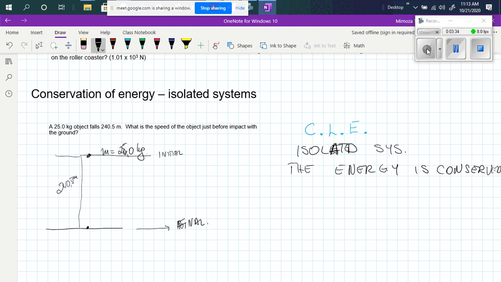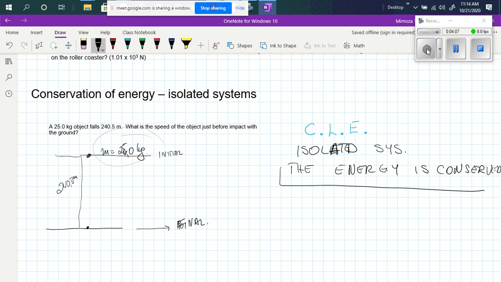Being at the top of the cliff, what is the energy that this object possesses in terms of mechanical energy? Gravitational potential energy. Good. So for the conservation law of energy in an isolated system, we are assuming here that we are dealing with an isolated system. Why? Because we are not mentioning anything about the force of friction. Is this in reality an isolated system?